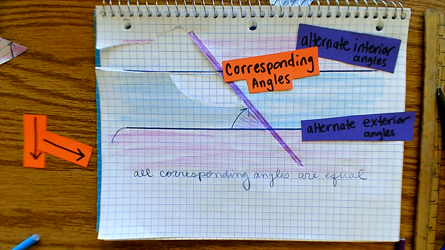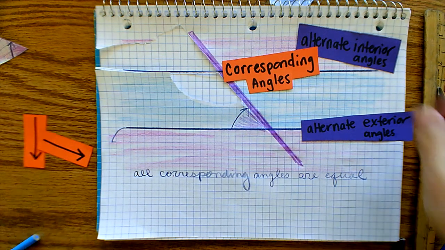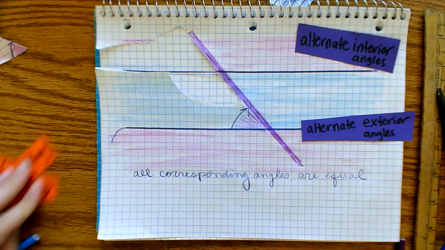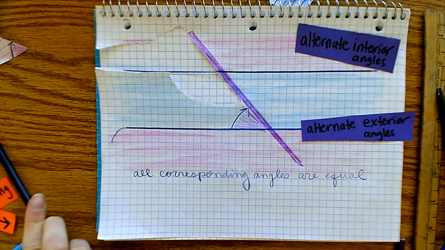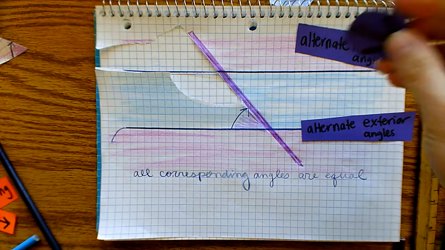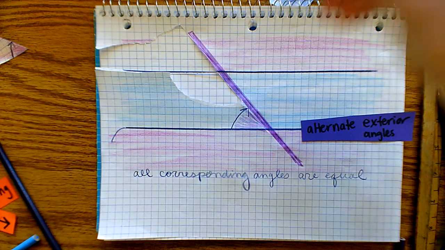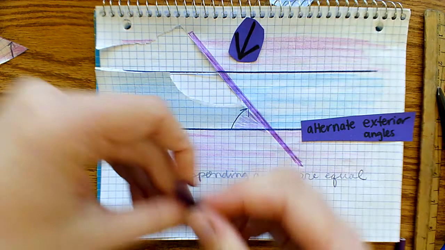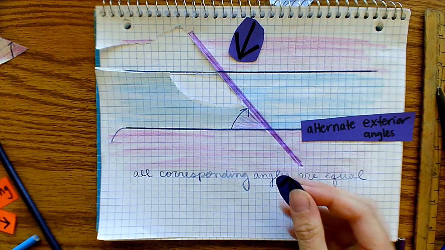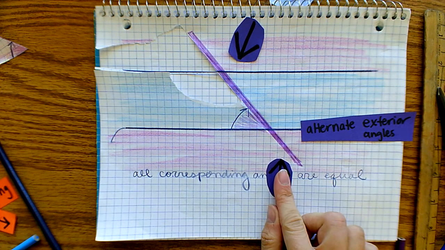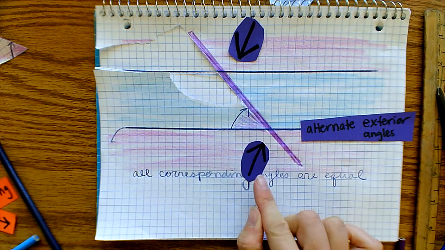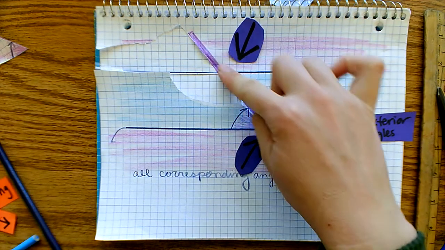Now what about our alternate exterior angles? Let's look at those. Now which were those again? Ah, yes. Those were the ones that are in the exterior space. They are attached to opposite parallel lines and are on the opposite sides of the transversal.